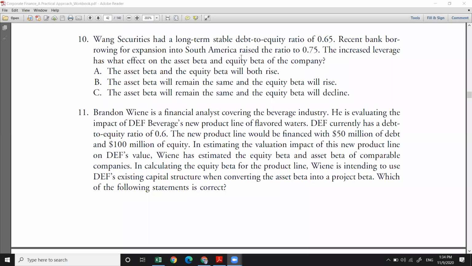So what effect does increasing the leverage have on the asset beta and equity beta of the company? Asset risk does not change with the higher debt equity ratio, and equity risk increases with the higher debt. So the answer is B.